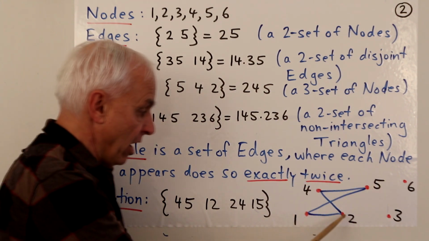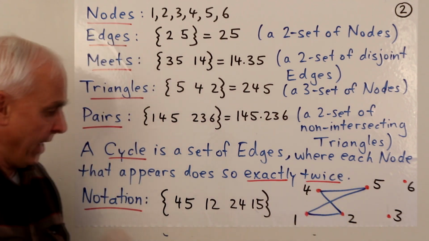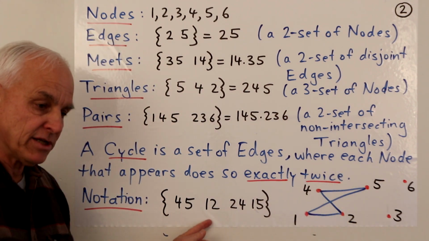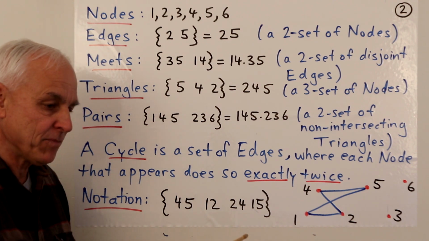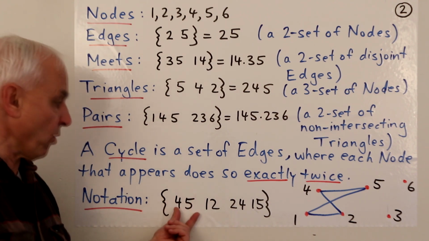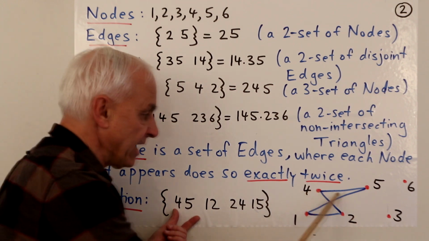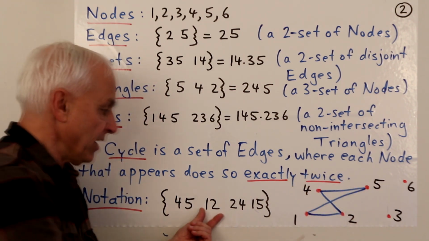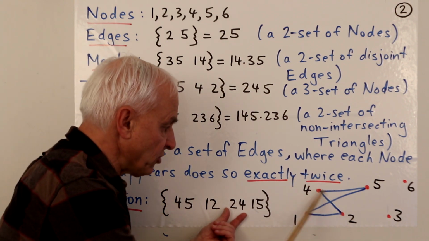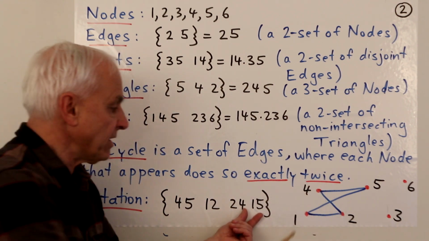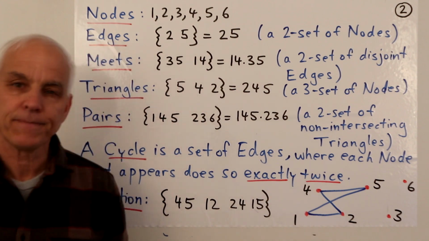They are labeling our basic nodes. And then to each one of these edges that appears in this Cycle, we're going to form a line segment between the corresponding nodes. So the line segment there between 4 and 5, the line segment there between 1 and 2, the line segment here between 2 and 4, and the line segment here between 1 and 5.